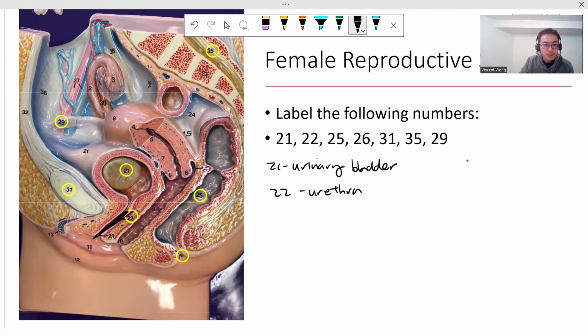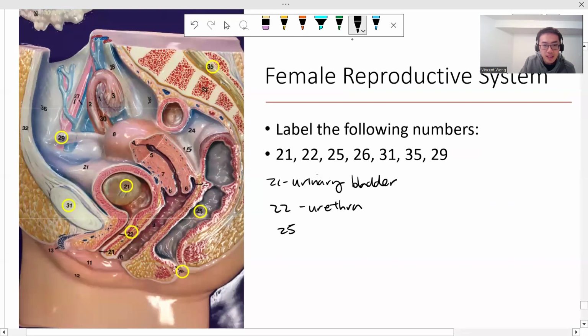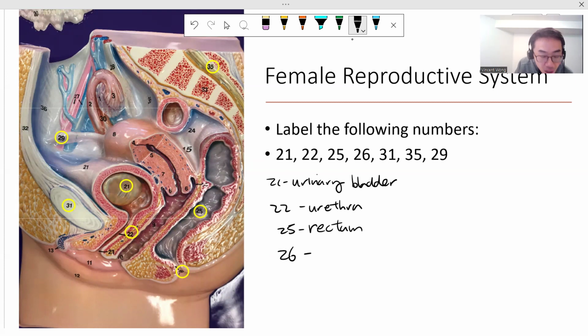It's right here. 25 is the rectum. 26. Where's 26? Oh, I think it's right here. 26 is the anus.